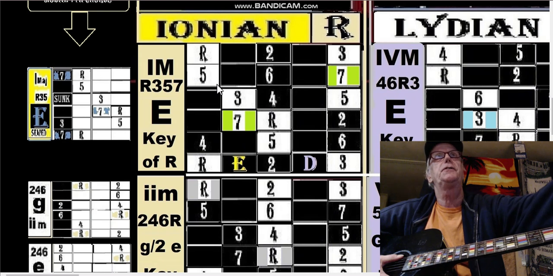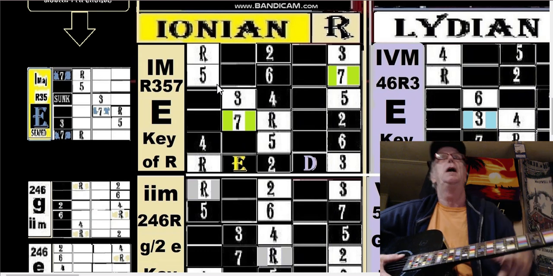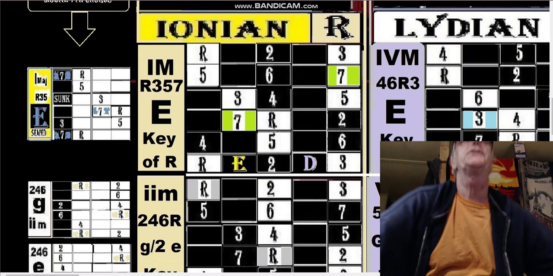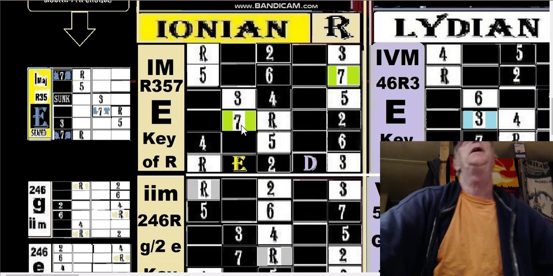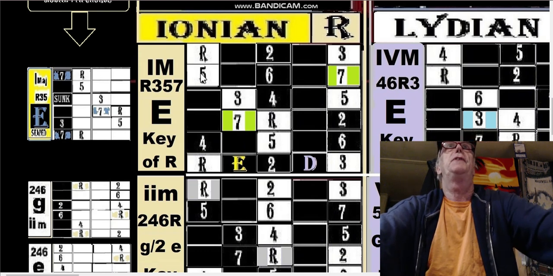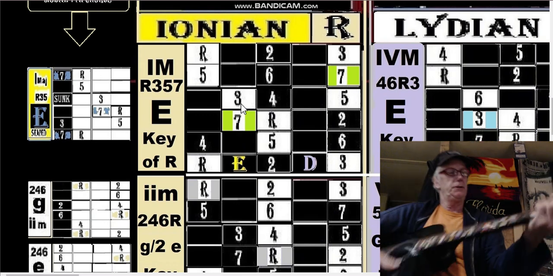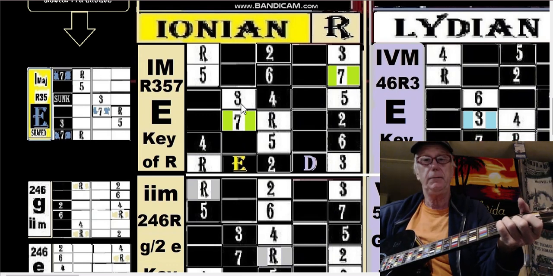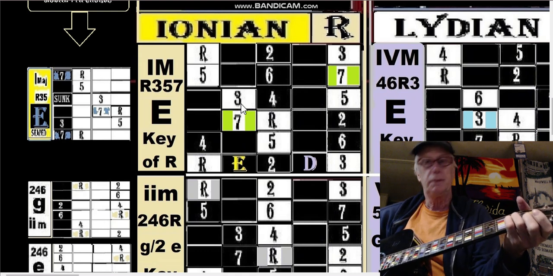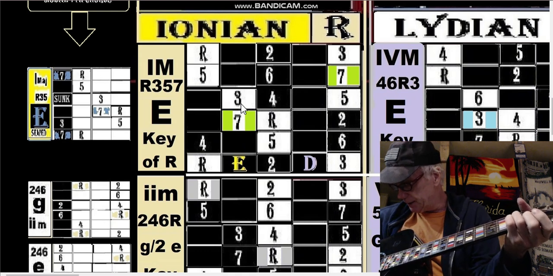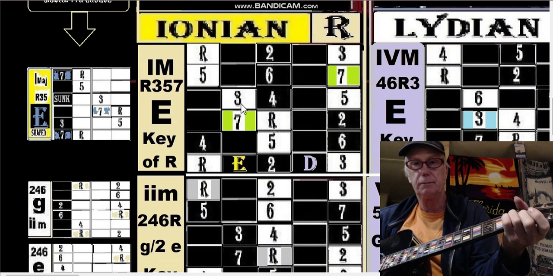On the third minor, G shape goes to an A shape, A minor shape on the circle of modes. Here's our A minor shape for that third minor, 7, 3, 5. Right there's an A minor shape everybody knows. You take an A minor, play it, slide it down, that's it, on the D, G, and B strings.